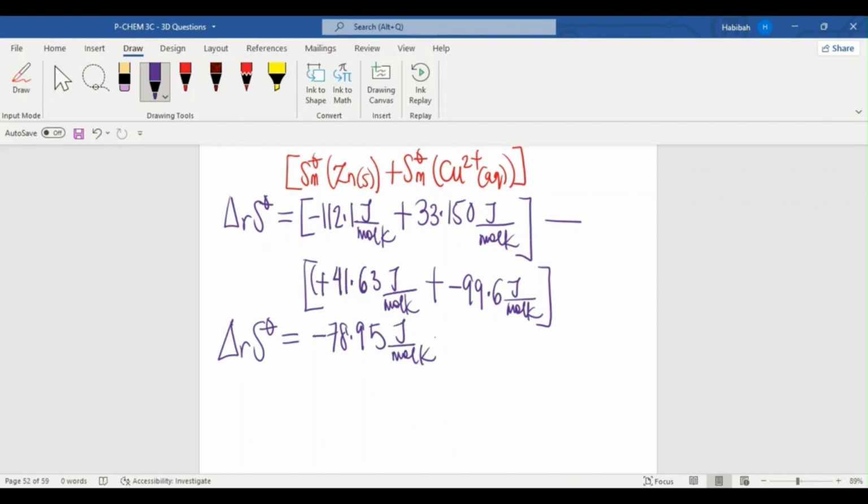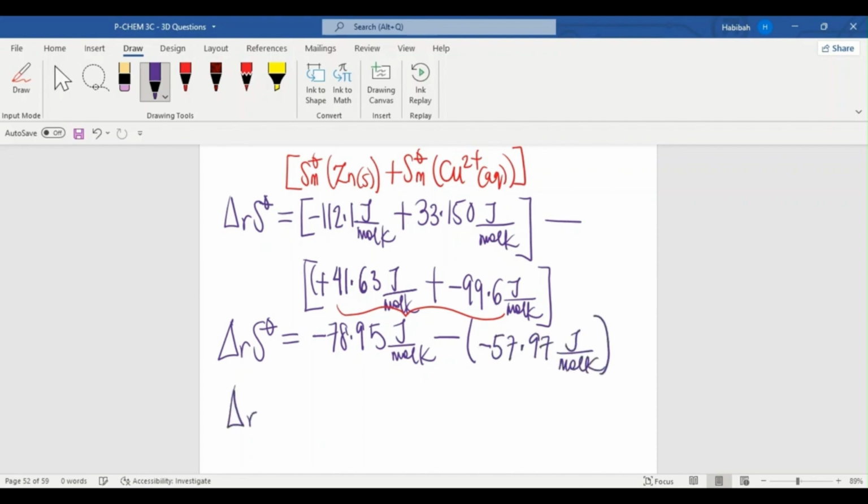Then for the products, I am working on just this information here that I have marked with the red symbol. So what I'm saying is positive 41.63 minus 99.6 will just simply give us negative 57.97 joule per mole Kelvin.